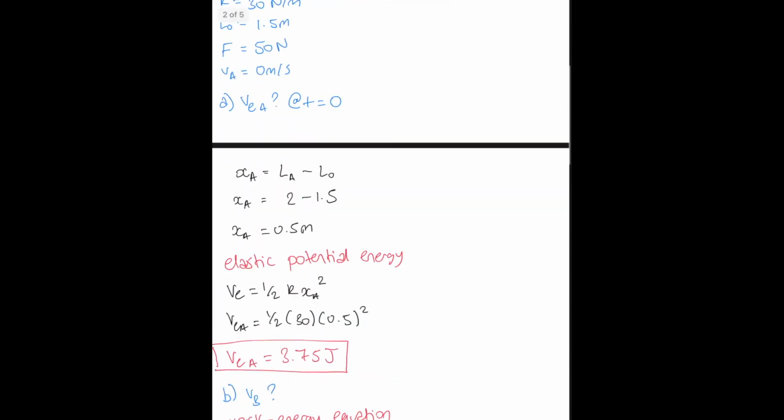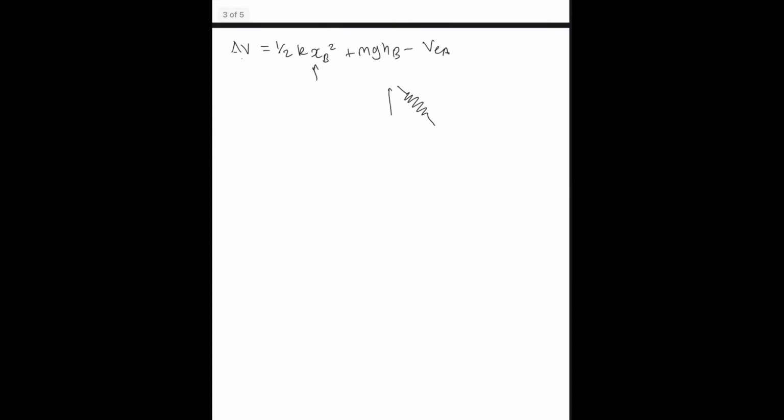Now we want to find xB over here. We're going to go back to what the spring looks like when it's stretched at B. So this distance over here is 1.5 meters. This distance over here is 2 meters. So the stretched length at B is going to be the square root of 1.5 squared plus 2 squared. That's going to give us 2.5 meters.